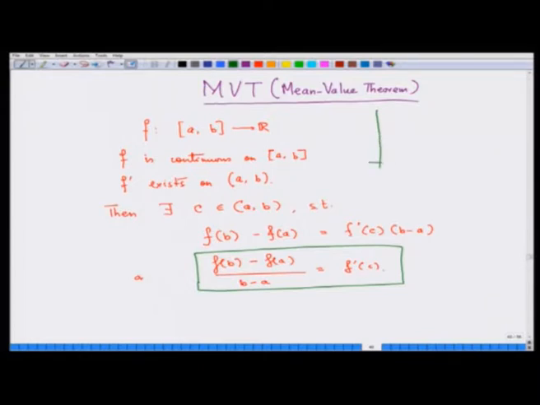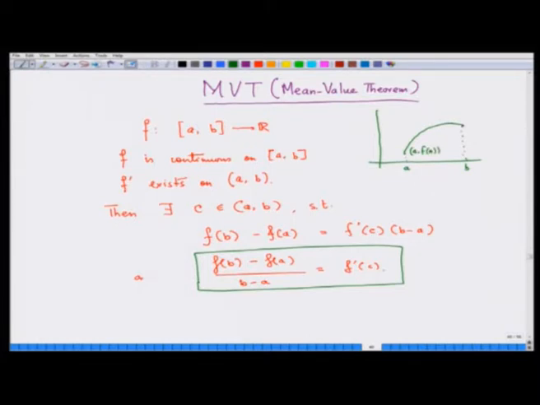So I draw, suppose the function is like this between a and b, a continuous function, nice, of course, nice looking, and it is differentiable at every point. It means derivative simply means that you can draw a tangent line at each point, one unique tangent at each point, one tangent only. So what is my (f(b) minus f(a)) by (b minus a)? So if you look at the point a, the coordinates of this point are a and f(a).